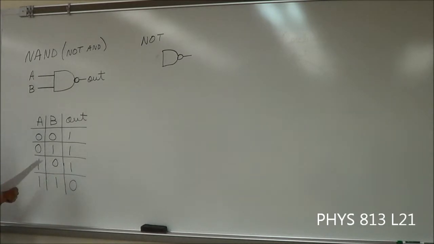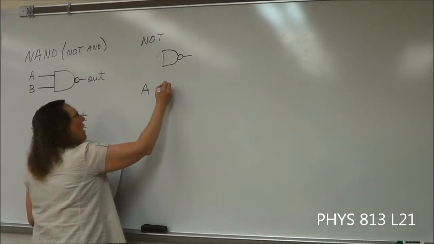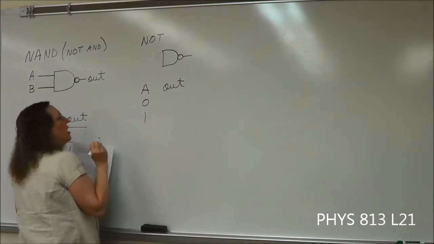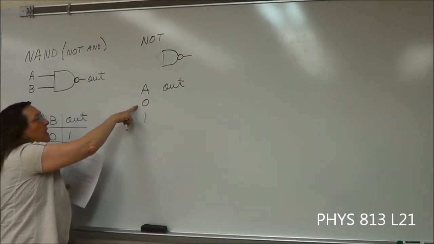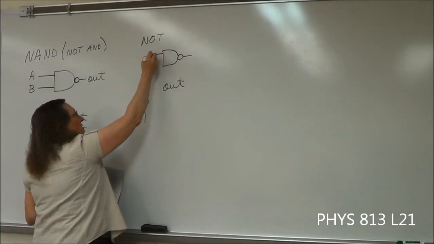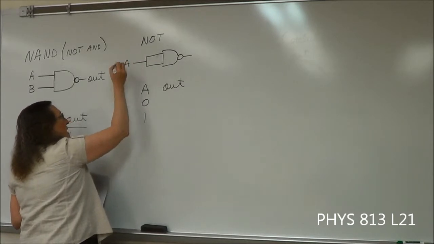But with a NOT, remember we only had one input. So we had a 0 or a 1. So if we only have one input here, how do we get two up there? Well, we draw it this way. Okay, so we put A here.